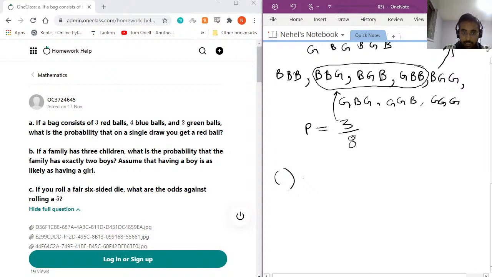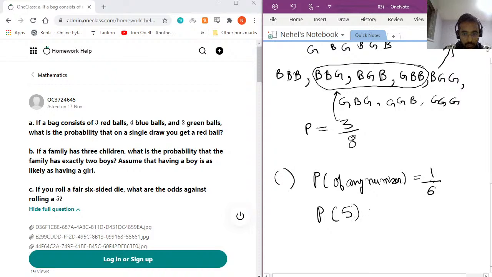it's a fair sided die. What that means is the probability of any number being rolled is equal to 1 over 6, since there are 6 sides in a die. Now, what is the probability that we roll a 5?